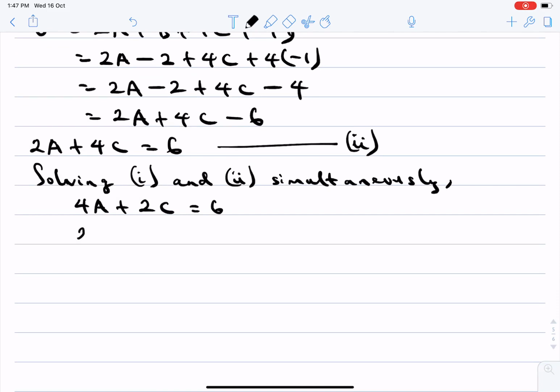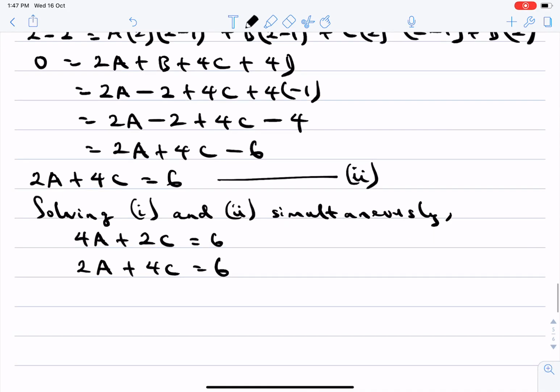And equation 2, 2a plus 4c equals 6. You've got to be very, very careful not to make mistakes, because it's very annoying, or let me say painful, when you get to the end and see that you made a very avoidable mistake.